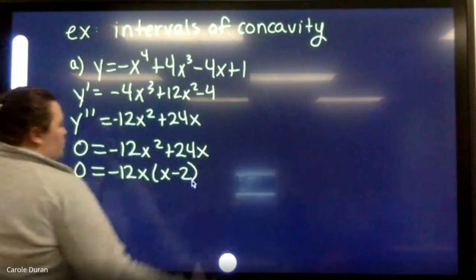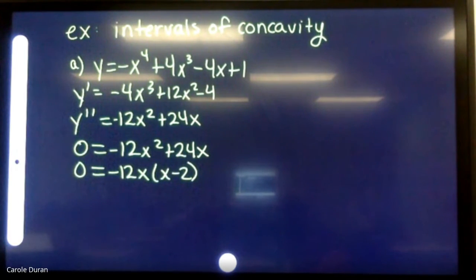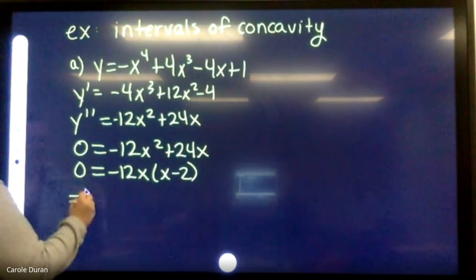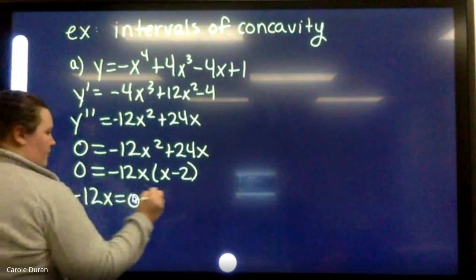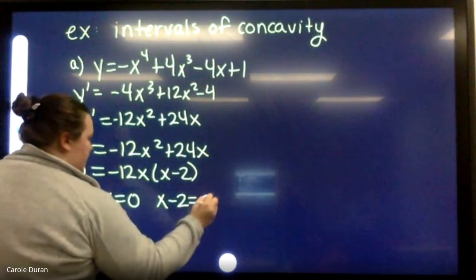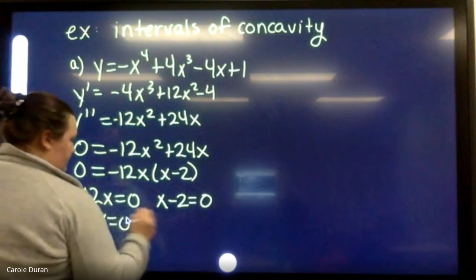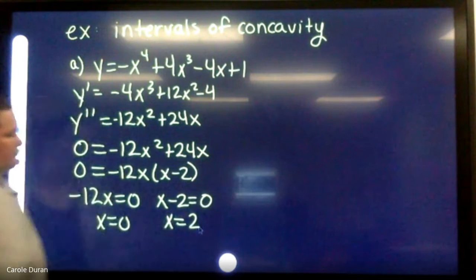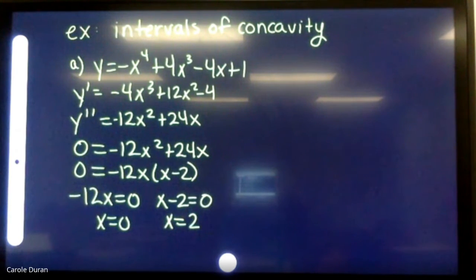And I get negative 12x times x minus 2. And I set each of those equal to 0 and solve for x. Did everybody get 0 and 2 as my inflection points?